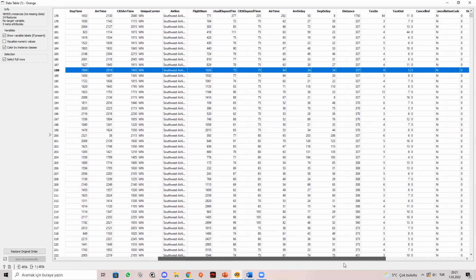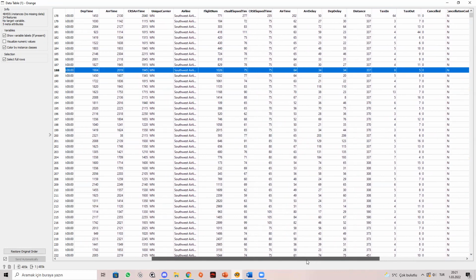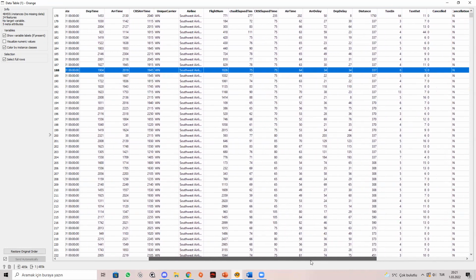I always ask you the same question. To predict a target value, do you have enough information in your data set, in the features? If not, then machine learning cannot help you.